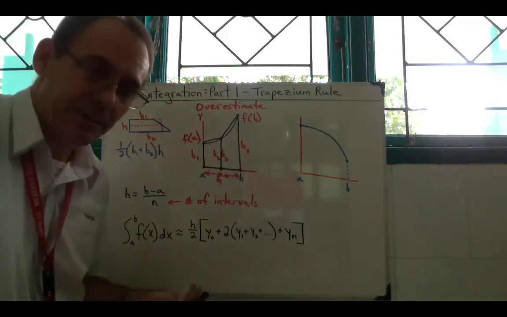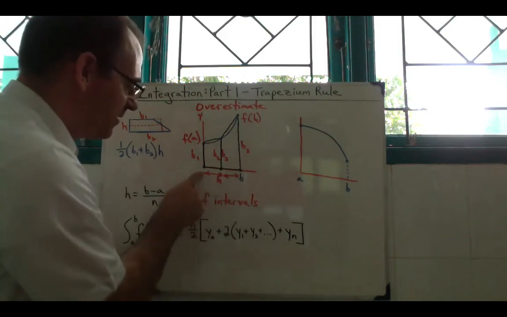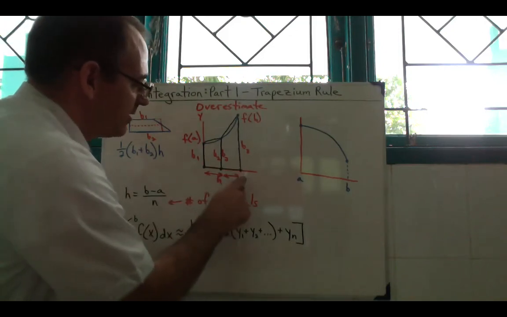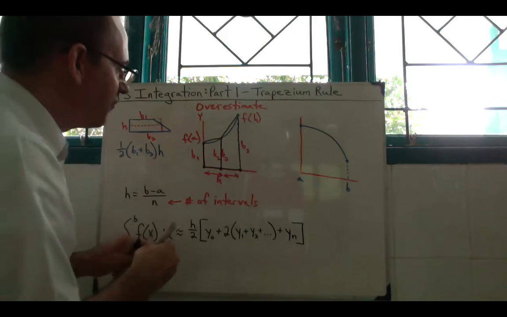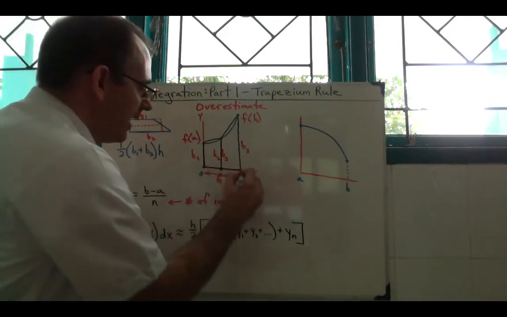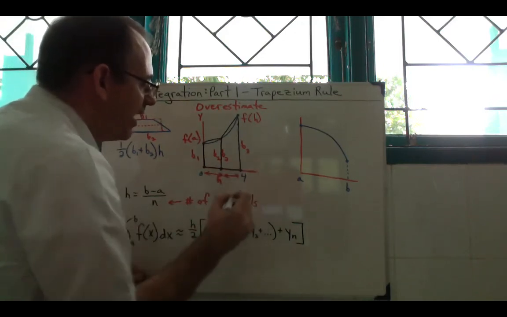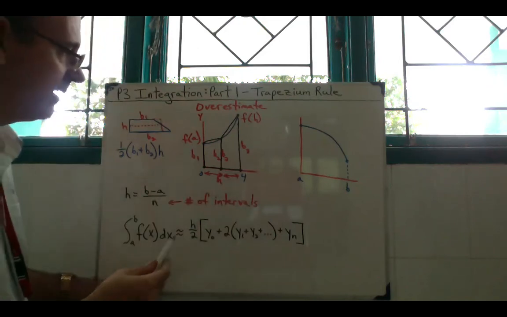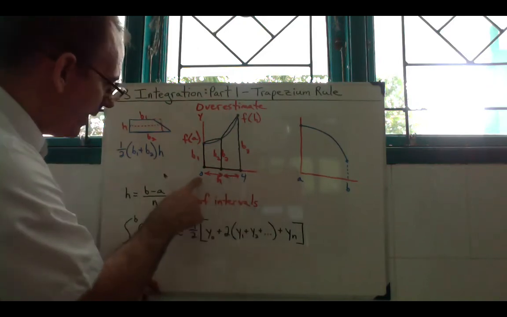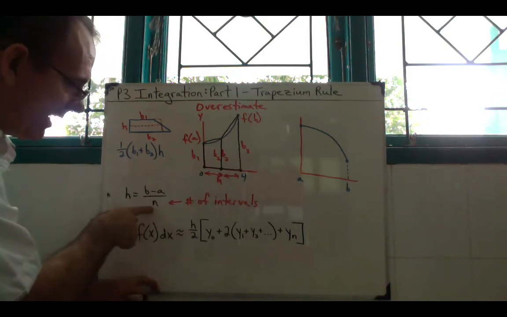So let's put numbers on here. Say instead of a and b, let's say we have 0 and 4. So now this halfway point, we're going to have 4 minus 0 divided by 2.